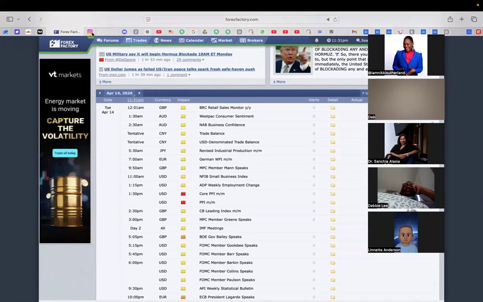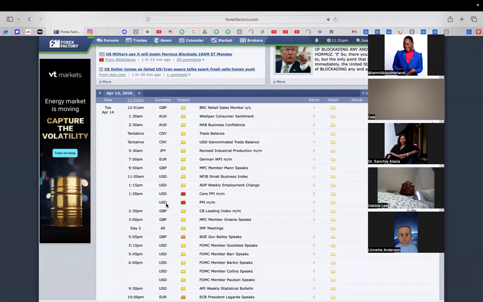There's none for Monday, but Tuesday, we can see there are 2 red folders at 1:30 p.m. UK time. That tells me at 1:30 p.m. UK time, there is going to be some crazy news around the United States dollar that could impact the usual pattern in the marketplace.